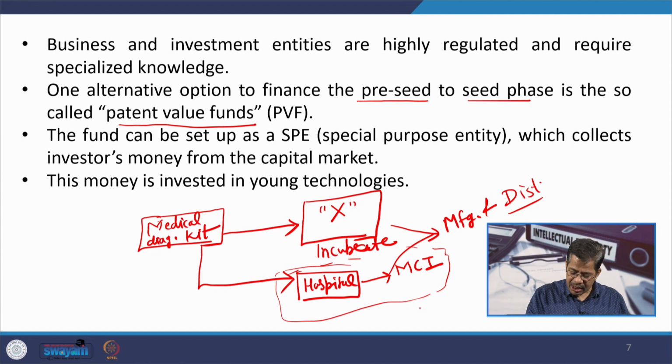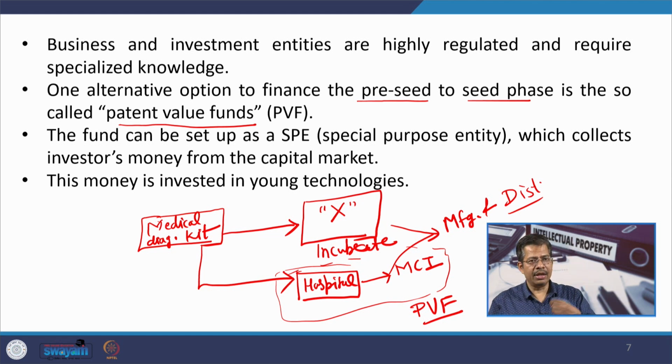The company started using its patent value fund, because there was already a special purpose in this organization for incubating a particular technology. You can create this particular channel, and through that channel the technology is under the development stage.